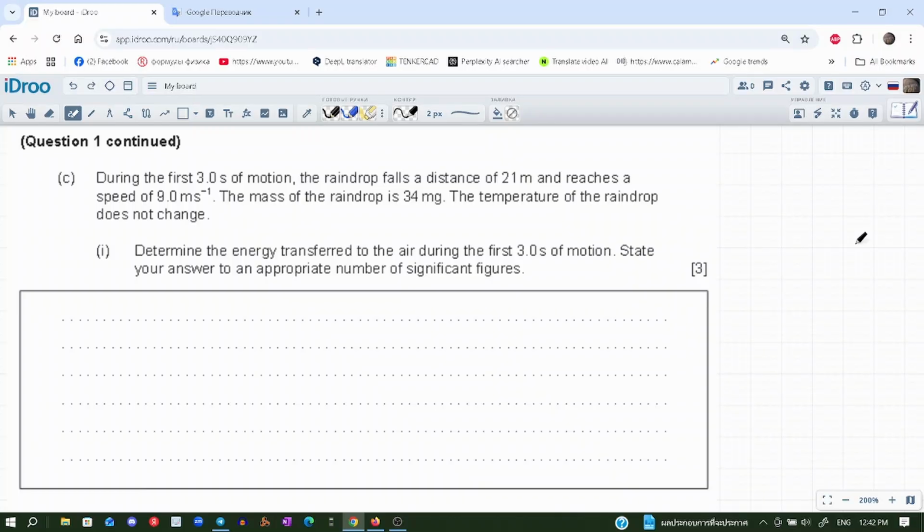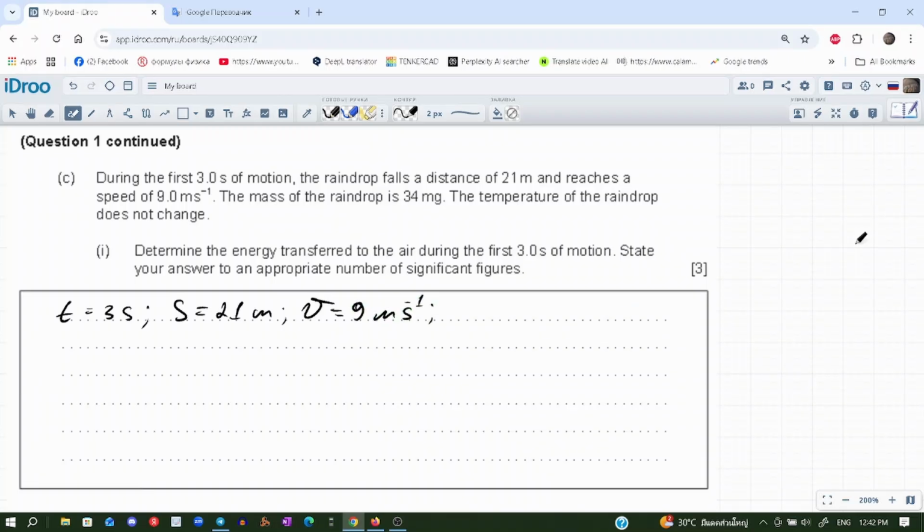Okay, let's do it. So we know that time equals 3 seconds. We know s equals 21 meters. We know final v equals 9 meters per second.